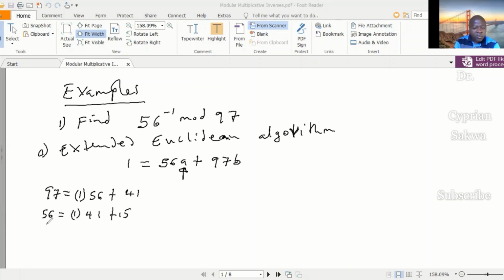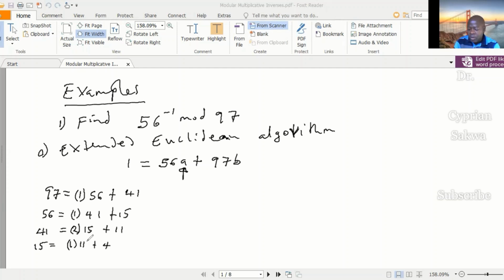Then 15 goes into 41 how many times? And this one is twice, because 2 times 15 will be 30. And the remainder will be 11. 11 goes into 15 how many times? So 11 goes there once. And the remainder is 4.